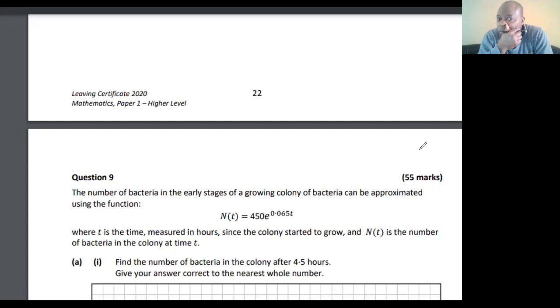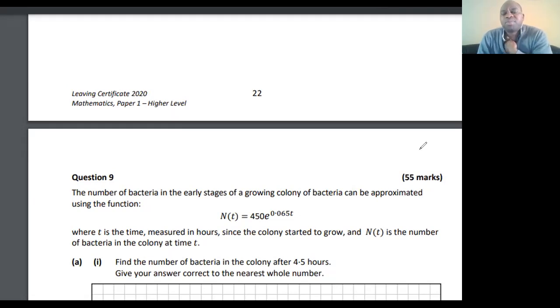Now I'm going to be solving question number 9 of Leaving Certificate 2020 Paper 1 Higher Level Mathematics. Last year, many students complained that the questions in Higher Level 2020 were very tough.